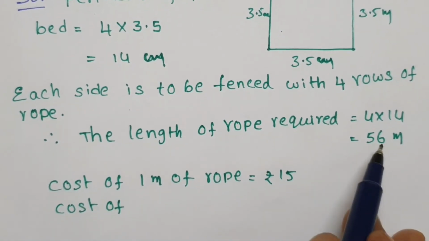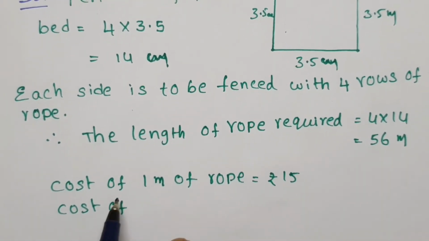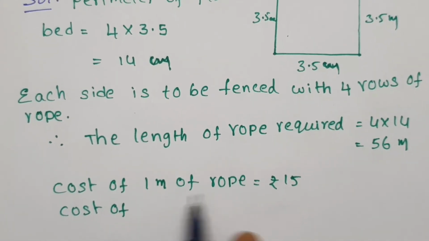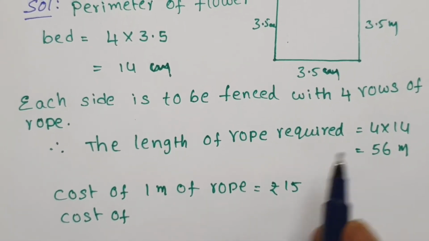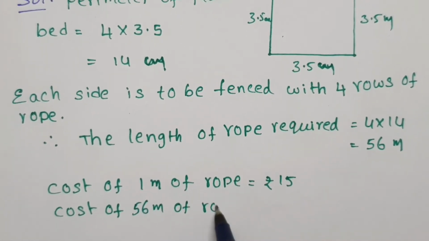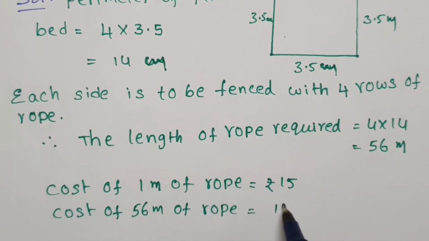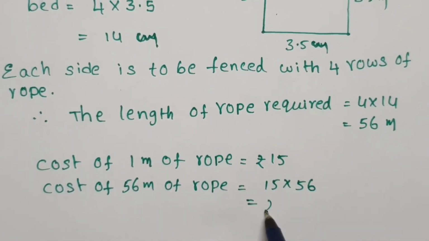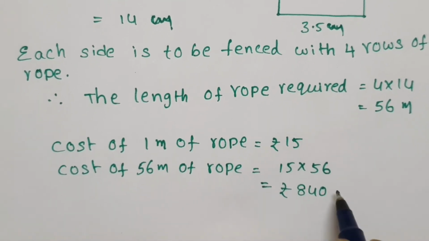Total length required 56 meters. And they given cost per meter of rope 15 rupees. Now cost of 56 meters of rope equal to 15 into 56 equal to 840 rupees.